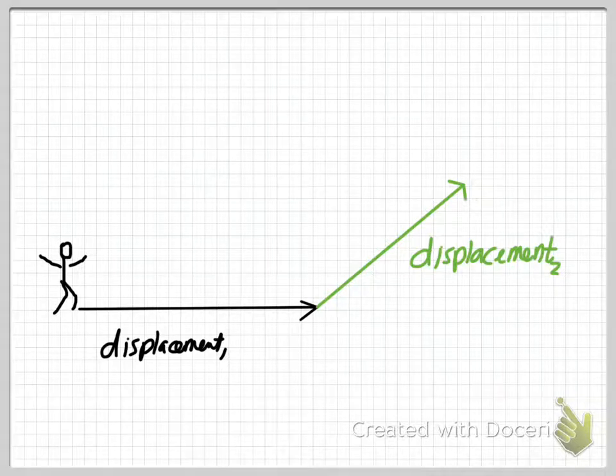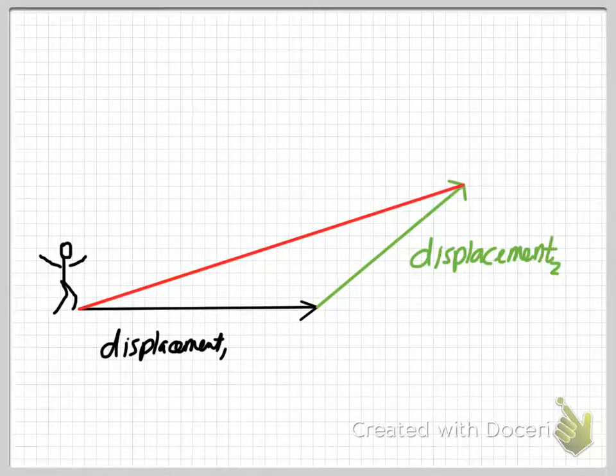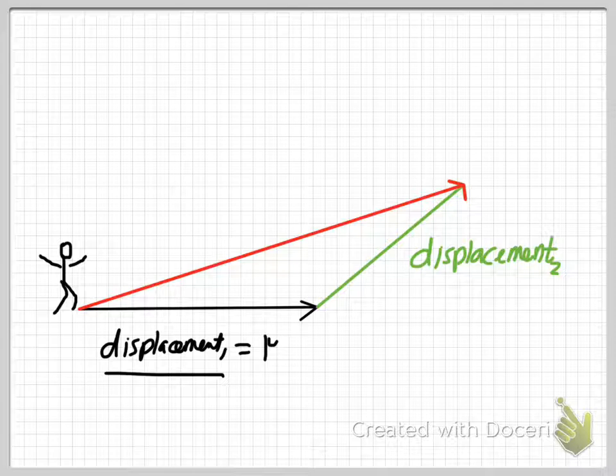So here we have a case where an individual, that's my little stick person, has gone someplace, and where they've ended up is the result of two distinct components of their motion. So they had displacement number 1, and we'll call this, I don't know, 19 meters. And this displacement was all directly to the east. So this was 19 meters to the east.